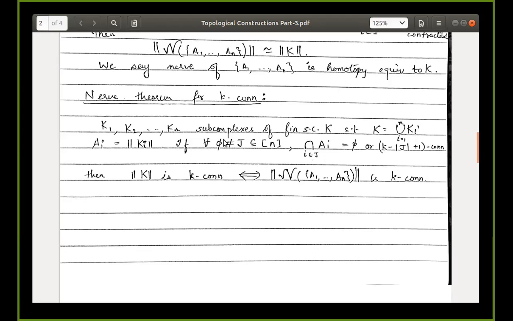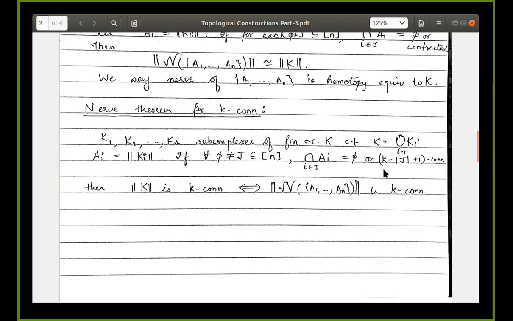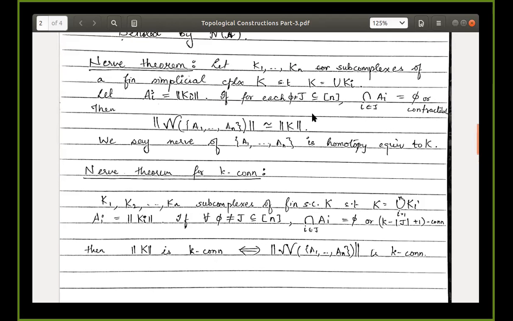And that is true for every J which is non-empty. Then the simplicial complex K is k-connected. This k and this k are related, you see. K is k-connected if and only if the nerve is k-connected. So this is in some sense the finite-dimensional case of what we saw here.